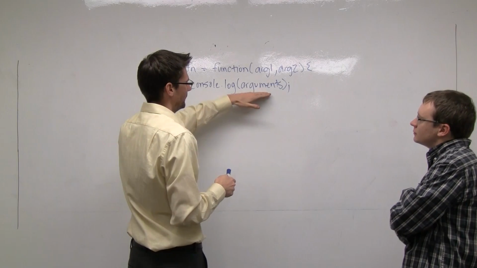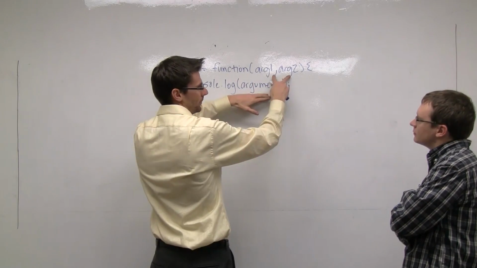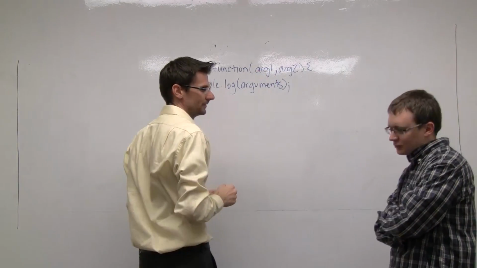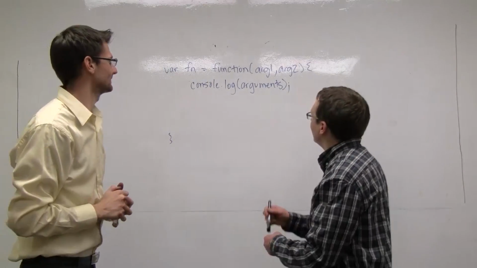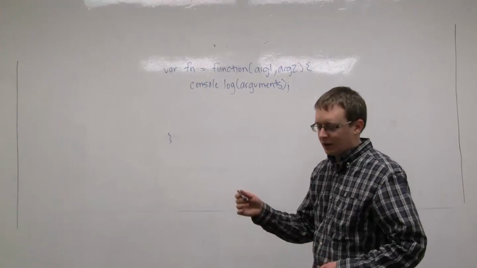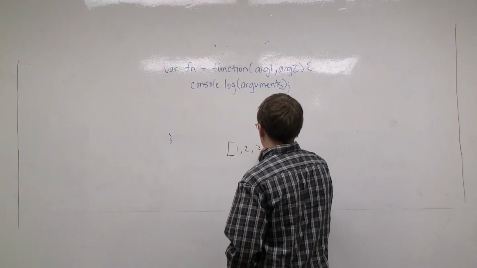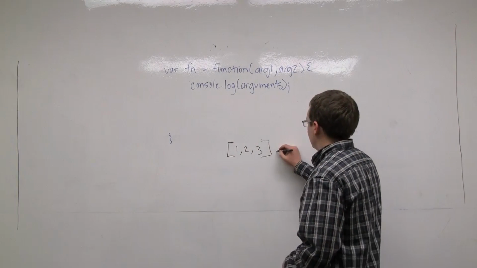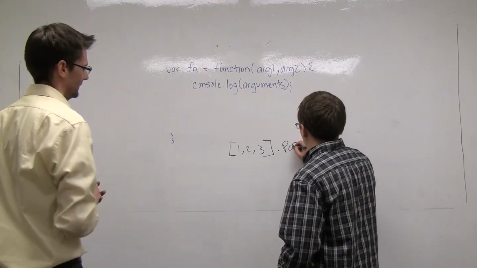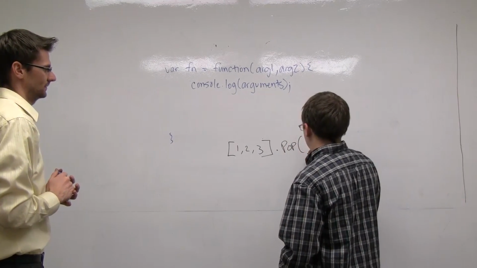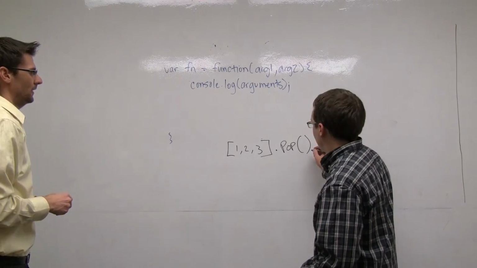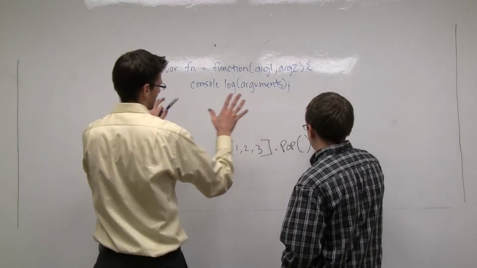When you start messing with arguments, you literally are messing with what your references were. An array has this pop function. You can't even do this actually in arguments, but we'll get to that.